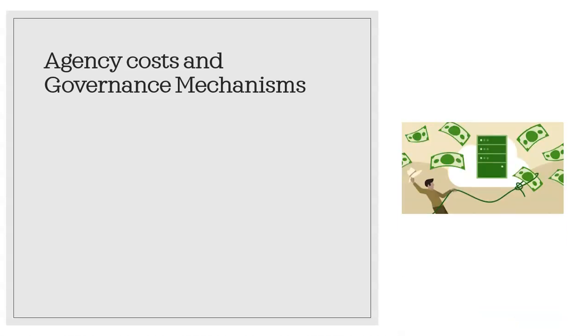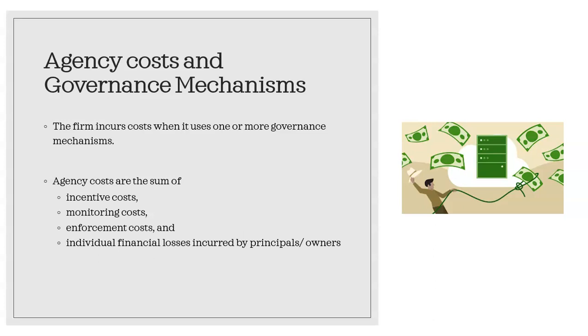These mechanisms, as they relate to the agency relationship, come at a cost. The firm incurs cost when it uses one or more governance mechanisms. The agent costs are the sum of incentive cost, which is payments to the manager, the CEO, because you have to make their incentive package attractive. We'll talk about that later on. Then there are monitoring and enforcement costs.